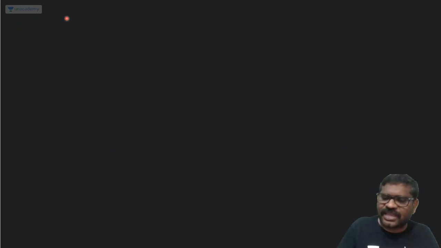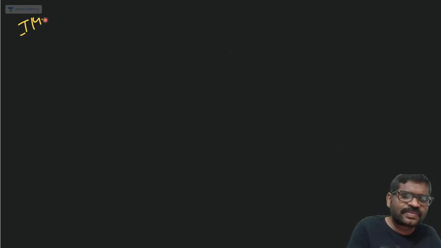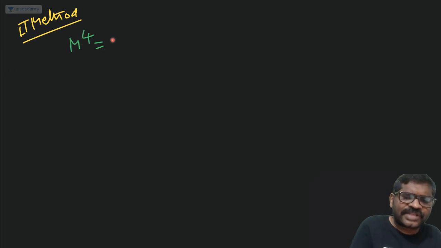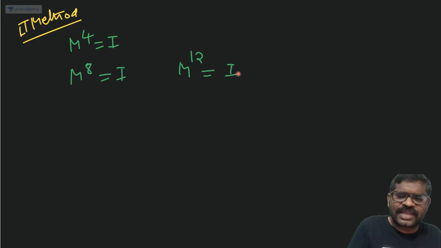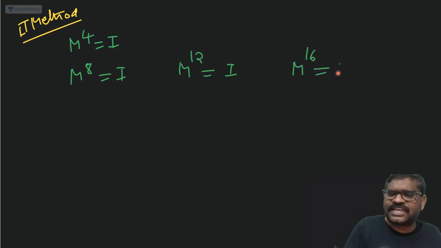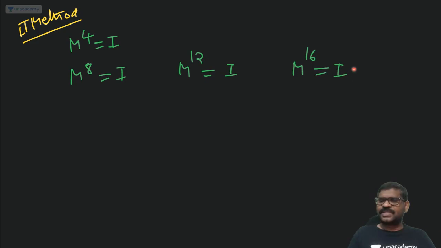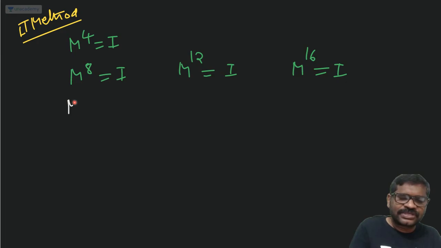Second method is: M power 4 is I, M power 8 is I, M power 12 is I, M power 16 is I. Multiply with M inverse. M power 8 into M inverse is I into M inverse.